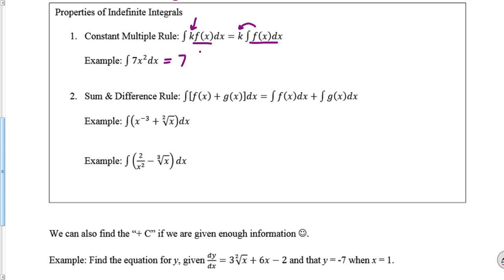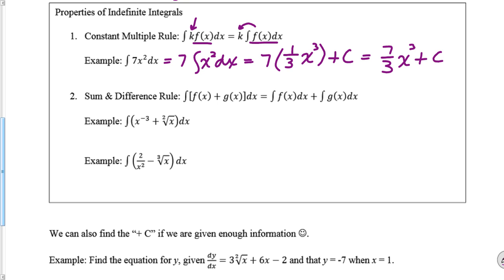So I can deal with this in this manner, which means it's 7 times the antiderivative of x squared, which is 1 over 2 plus 1, 3, times x to the 2 plus 1, 3, plus c, or I can write it as 7/3 x cubed plus c.